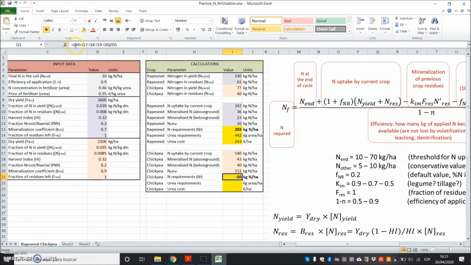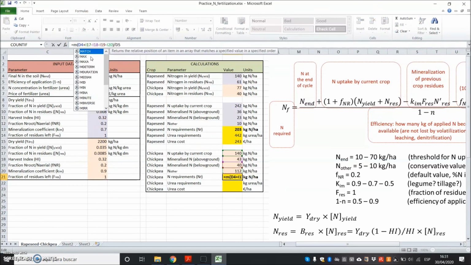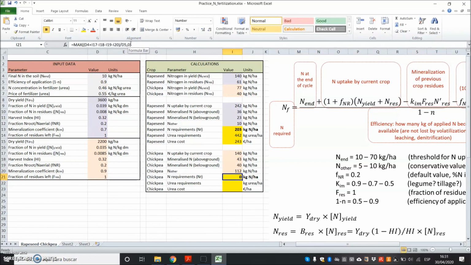This equation should be constrained so that it takes the maximum of the expression and 0. The requirements are 0 in this case, so there is no need to apply urea for chickpea.